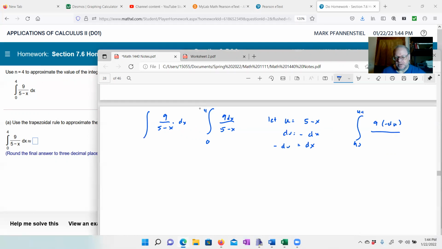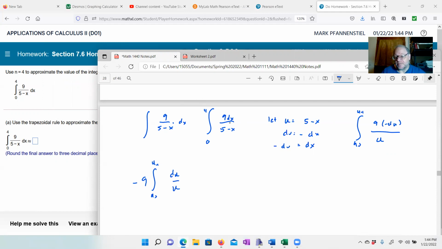Then we divide by 5 minus x, which is just u. So this is negative 9 times the integral of 1 over u du, with the u limits.